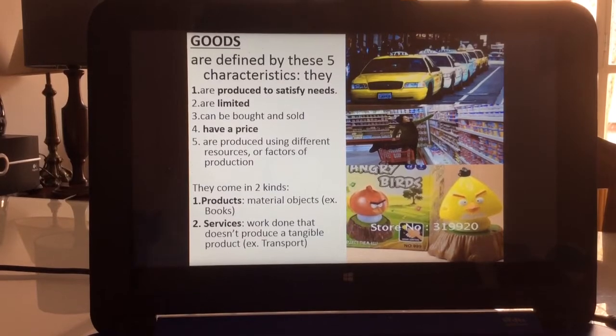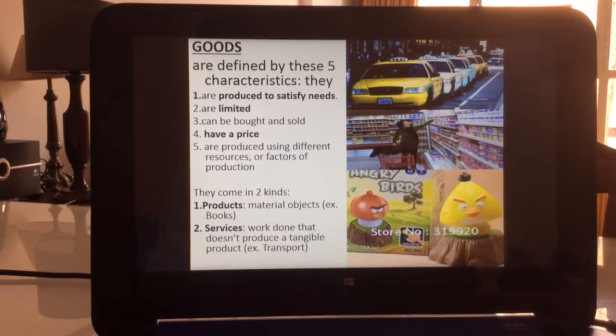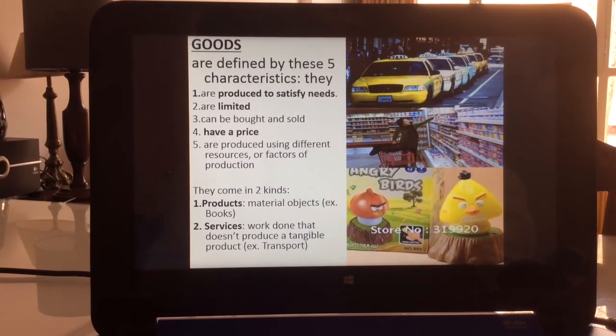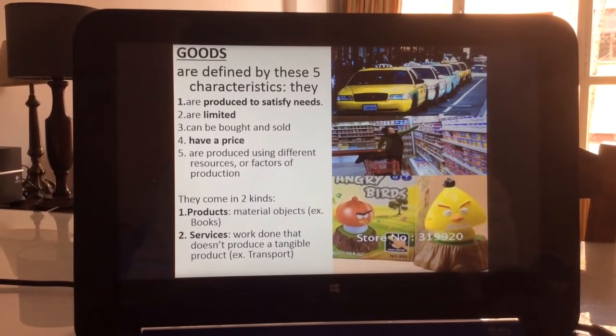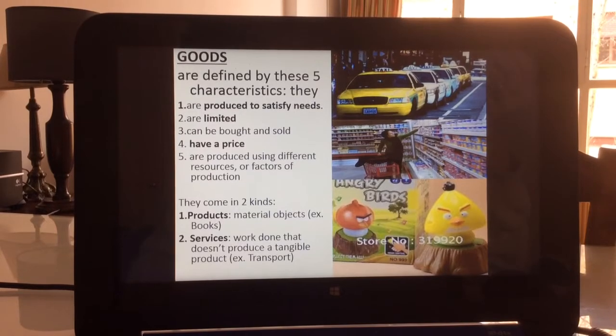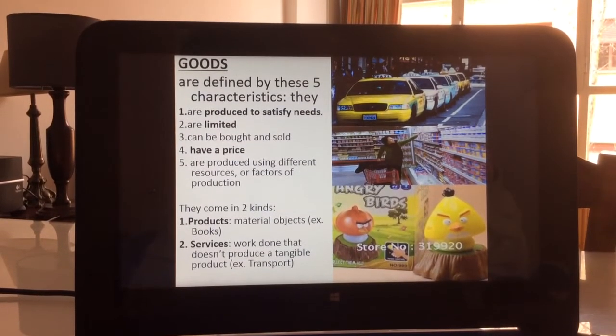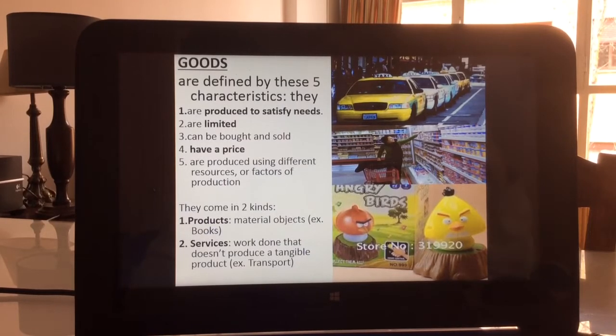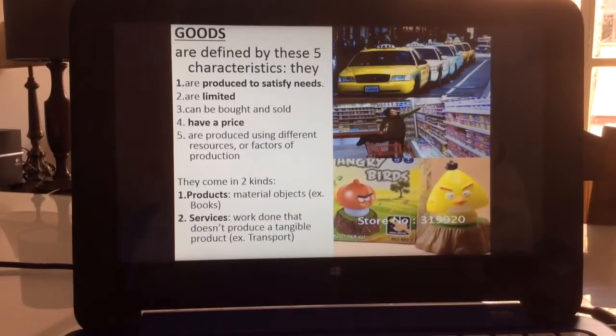Maybe 20% of the population does, but about 70%, 75% provide some kind of service, okay? When you go to a restaurant, you're provided with a product, which is the food, but primarily you're provided with the service, right? It's the server bringing you the food, it's people preparing the food for you. That's what you're really paying for, right?